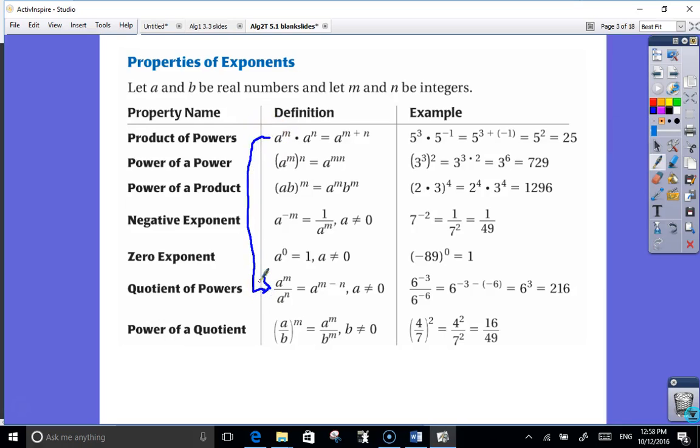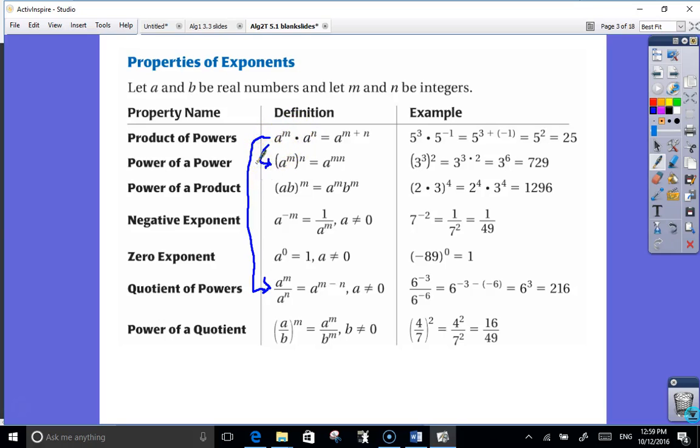What do you do when you divide a to the m by a to the n? You subtract. So one is add, the other one is subtract.